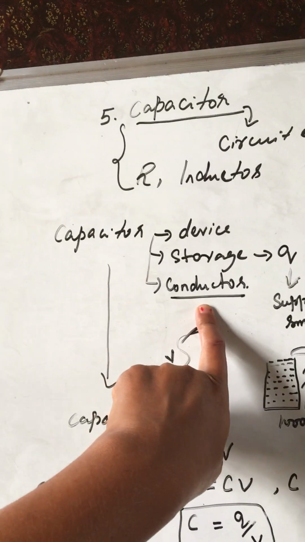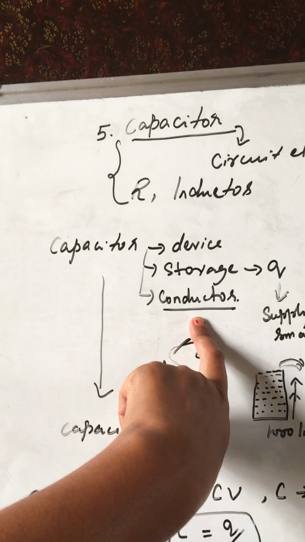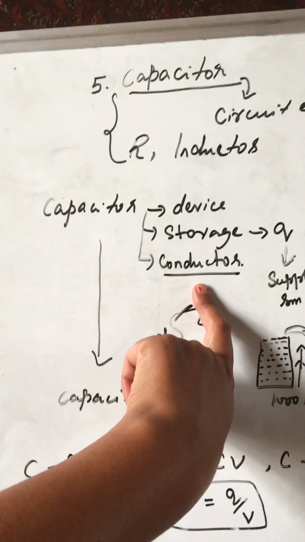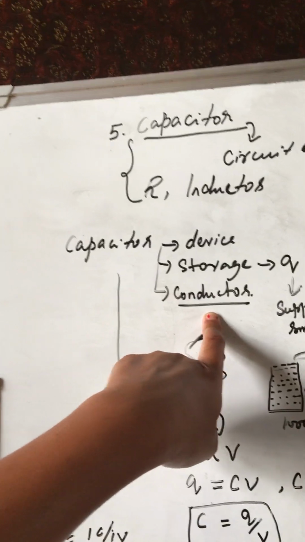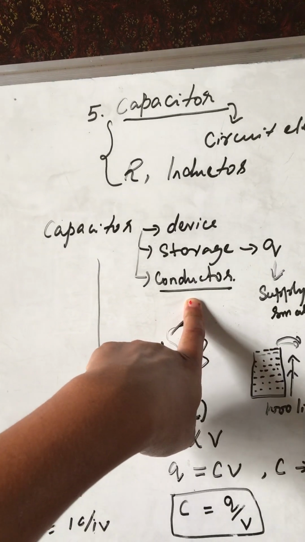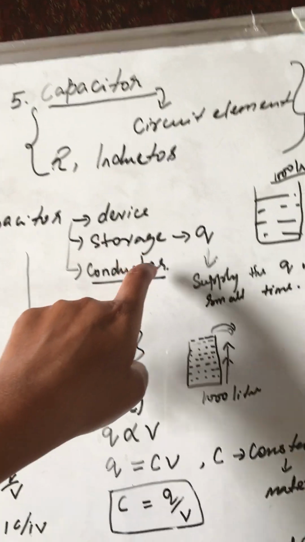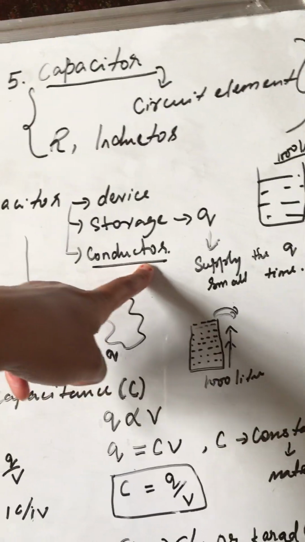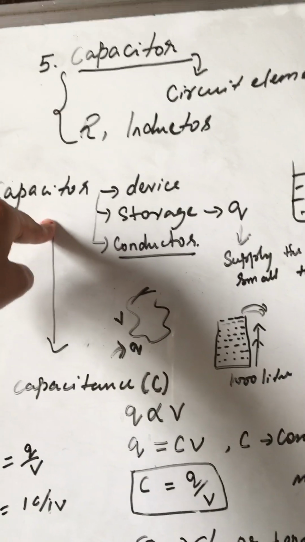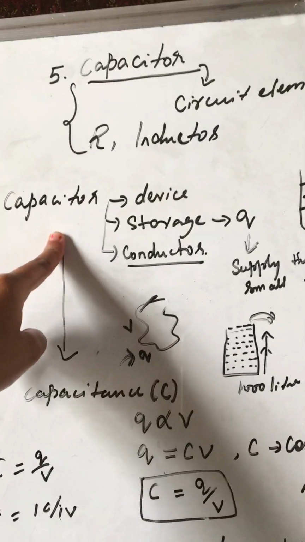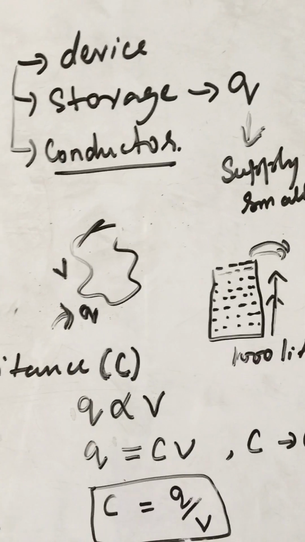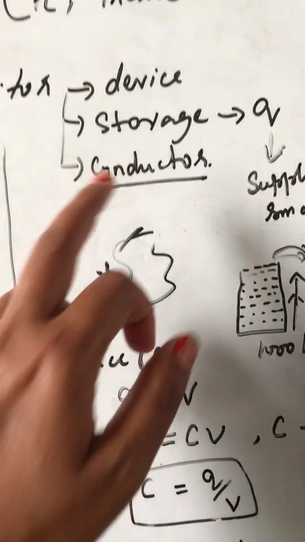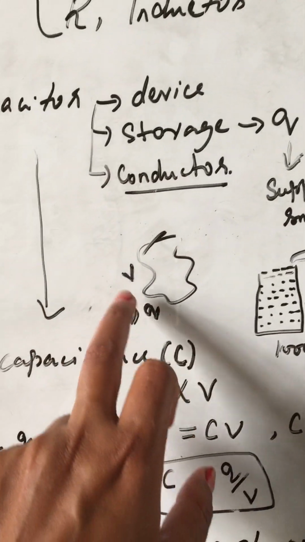Why does it store the charge? Because for running devices in the beginning, it needs a large amount of charge. So in order to run the device in the beginning, the capacitor does the work. It is made from the conductor, and the conductor stores the charge.